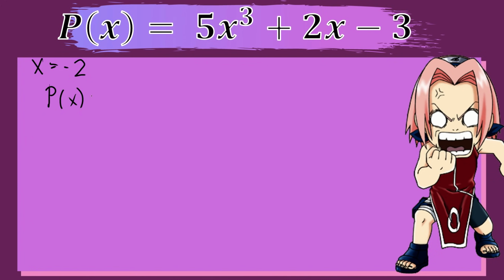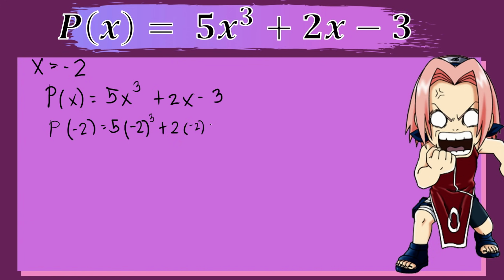We have p of x is equal to 5x cubed plus 2x minus 3. Then, substitute natin yung negative 2. So, we have p of negative 2 is equal to 5 times negative 2 cube plus 2 times negative 2 minus 3.